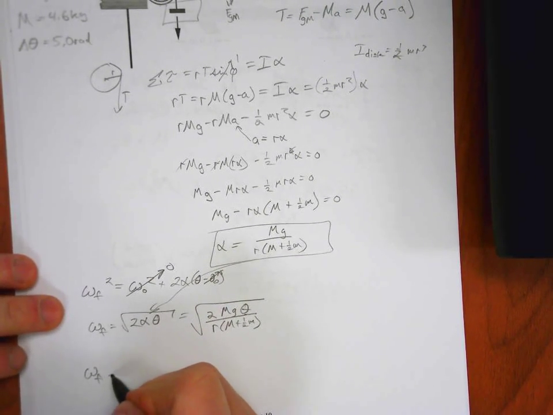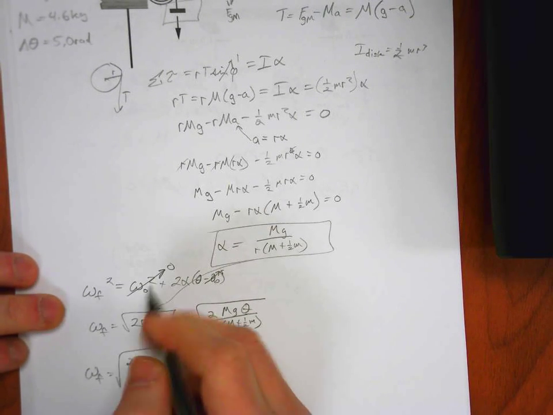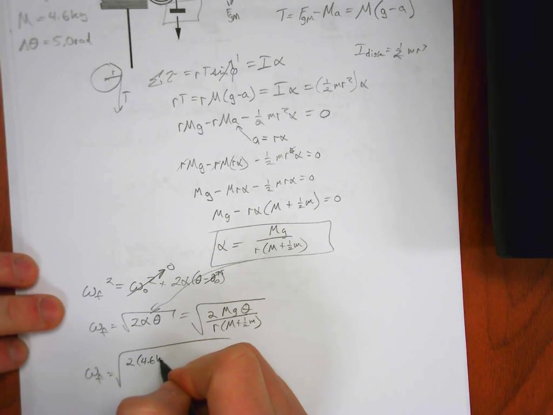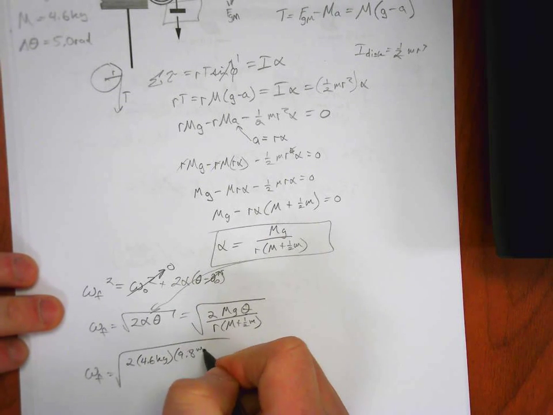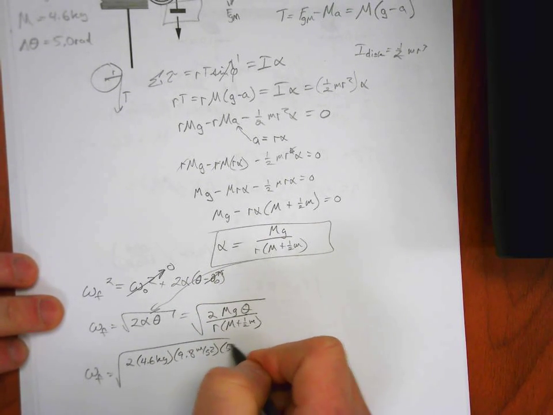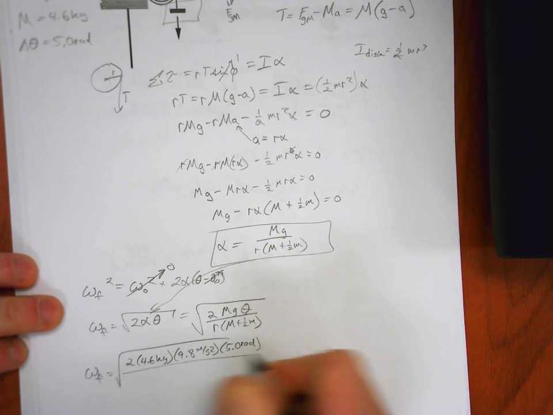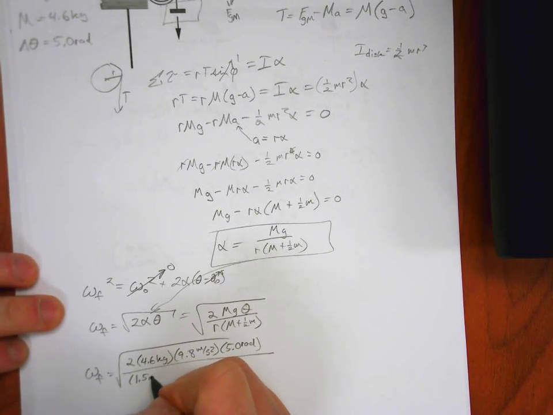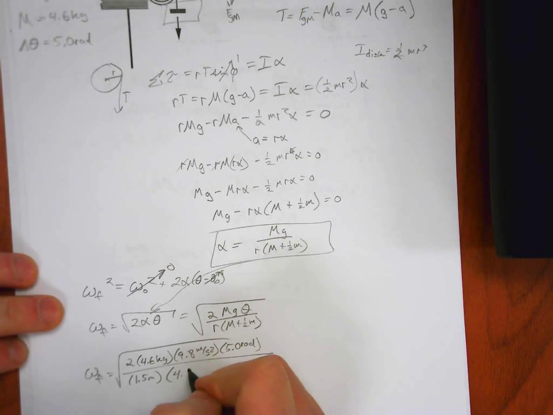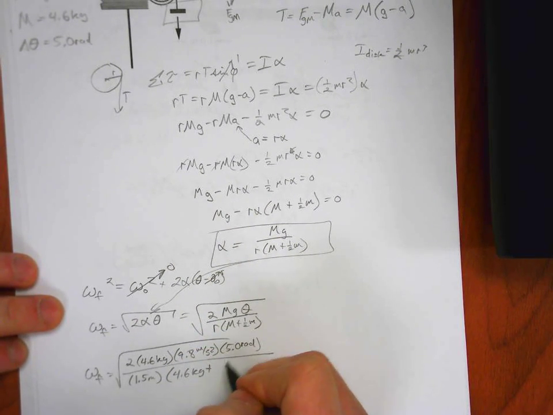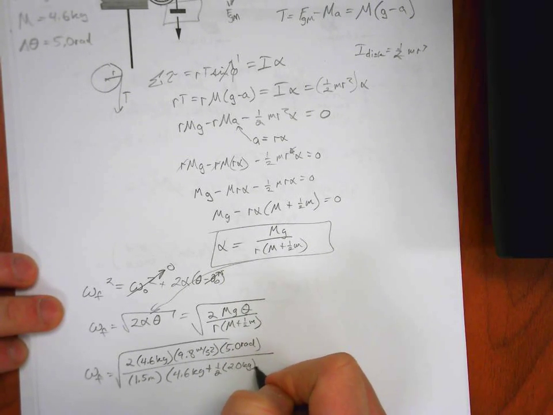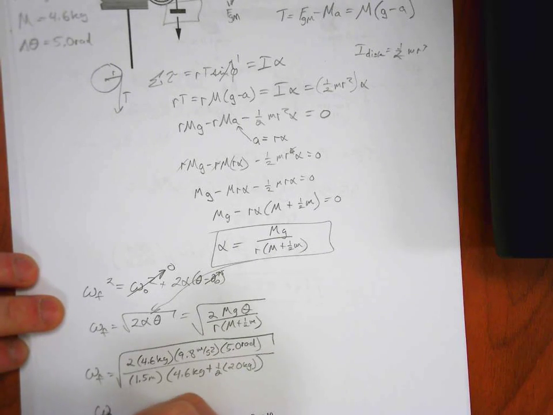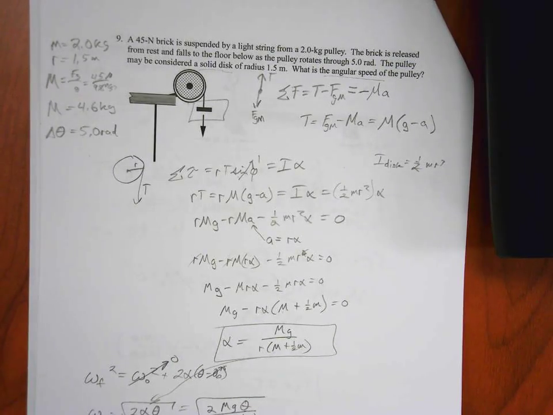So omega f is equal to the square root of 2 times capital M, which is 4.6 kilograms, times 9.8 meters per second squared, times 5.0 radians, over 1.5 meters times (4.6 kilograms plus 1/2 times 2.0 kilograms). Omega f then is equal to 7.3 radians per second. There's another way to work this problem.